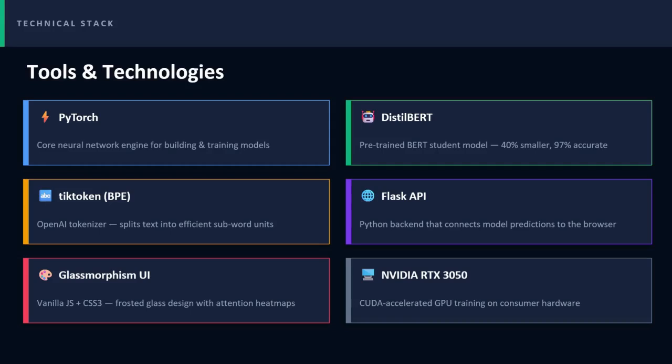Here PyTorch is used to build and train the transformer model, and DistilBERT is used for fast and efficient classification, and tiktoken, a byte pair encoding technique, performs tokenization using subword units, and Flask API and Glassmorphism for the user interface. Glassmorphism gives a better visualization, and the training was accelerated using an RTX 3050 GPU.